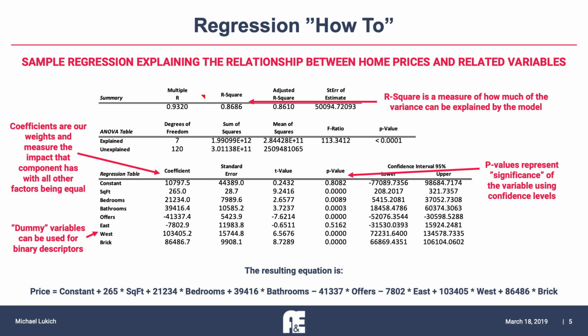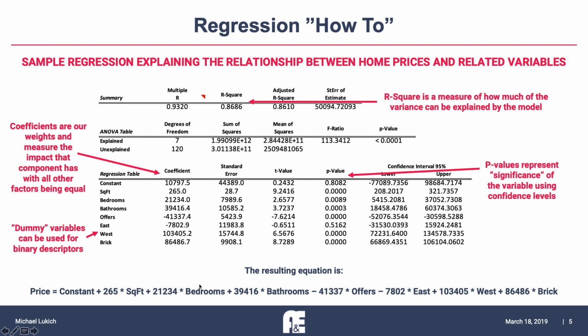This is what the output would actually look like, and again, this looks really complicated. I just took an example that I dug up from a business school example that I had, and this was a regression where our dependent variable was home prices, and the related variables might be some components that contribute towards a home price.